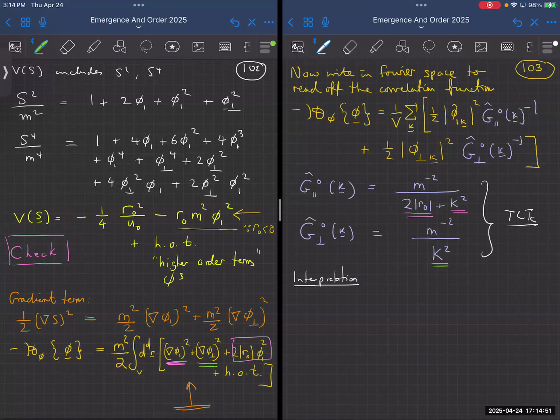What we've seen then is, if I look at the longitudinal correlation function, this thing is supposed to go like 1 over k squared plus psi to the minus 2 times some amplitude, which happens to be m to the minus 2. So let's just say it's proportional to this.